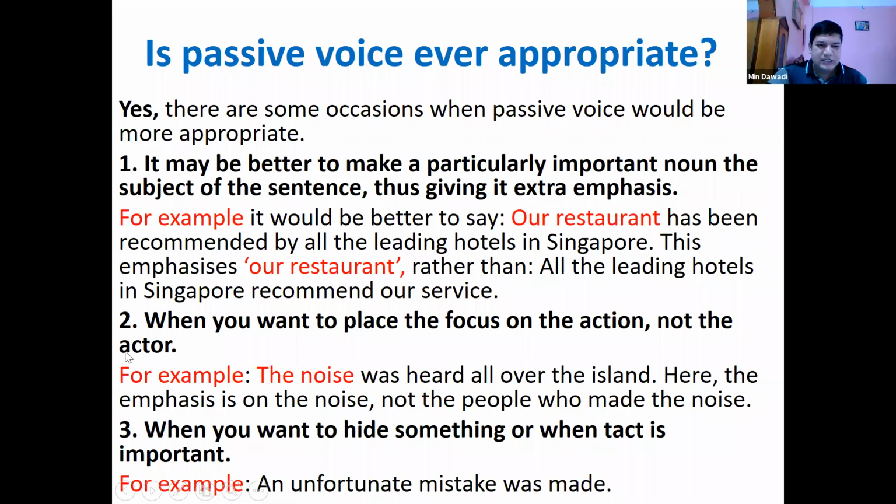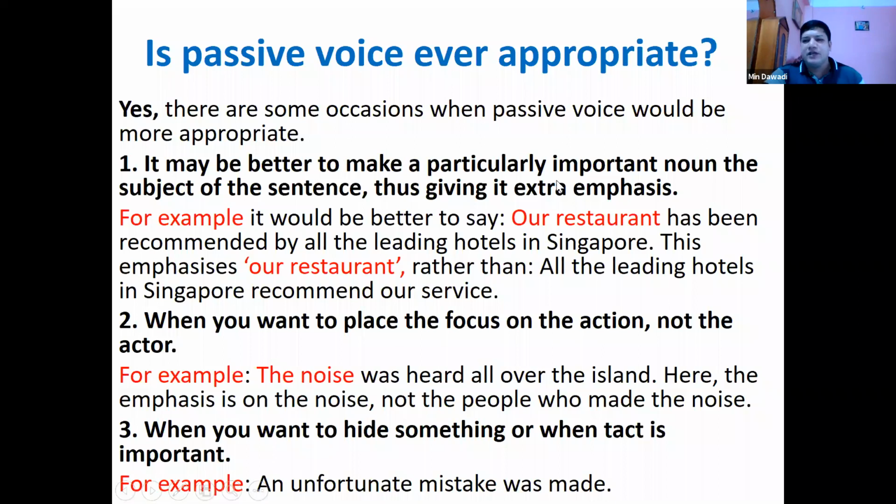One, two, three. There are three situations when we can use passive voice, not the active voice. But except these situations, we have to use active voice. What are those situations when passive voice would be better?